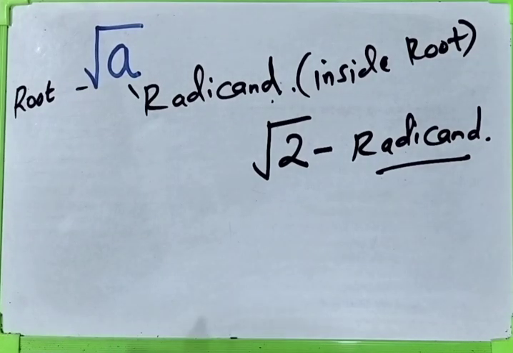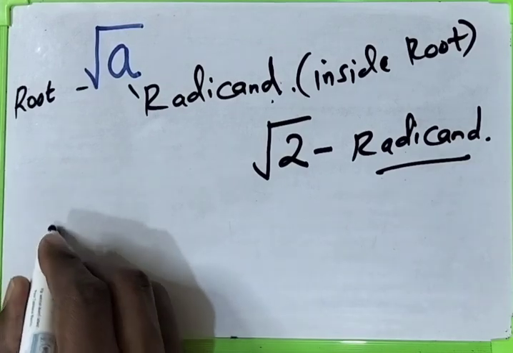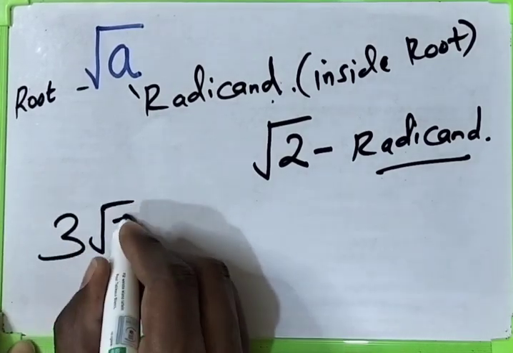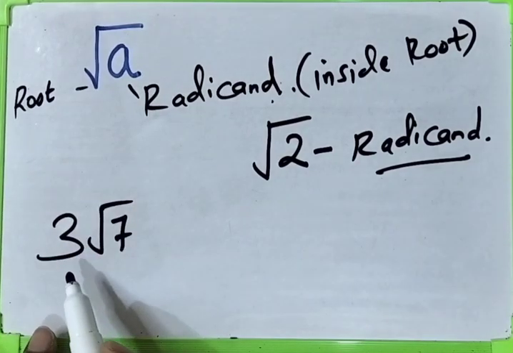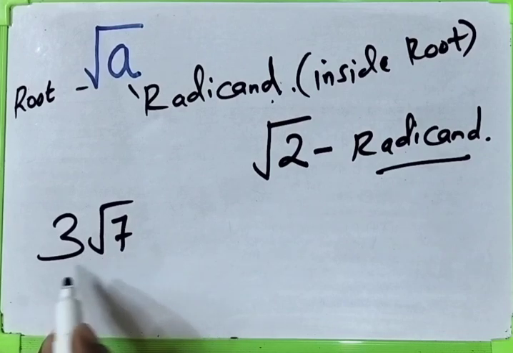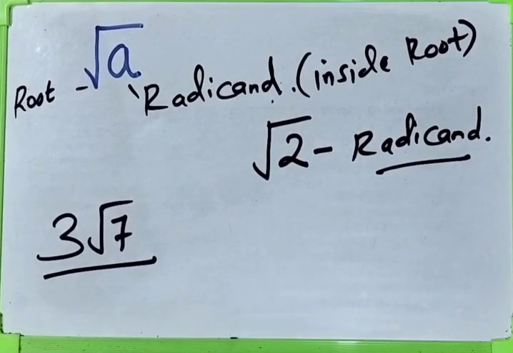Sometimes you'll get problems where we have numbers outside the root and others inside the root. For example, we have 3 root 7. This is not the cube root of 7, but 3 times root 7. Then these numbers have got names.